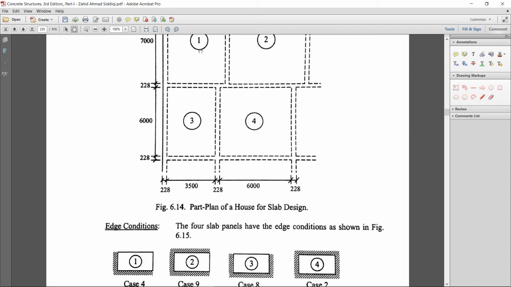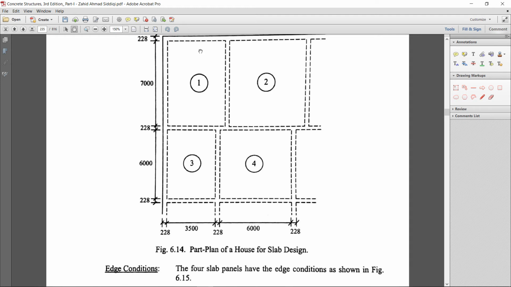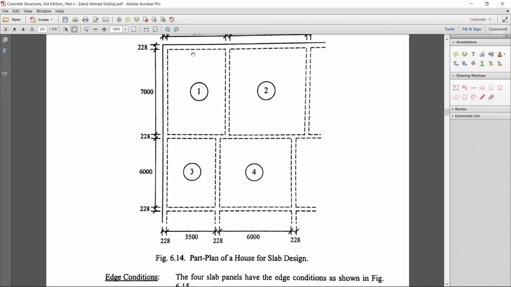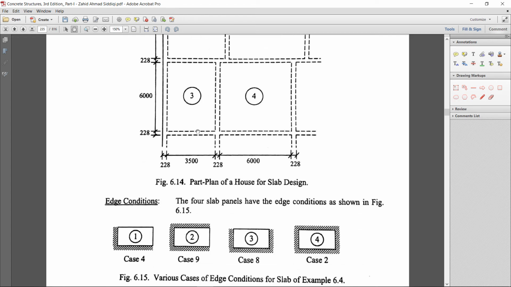In the one slab panel, you can understand that two edges are discontinuous, meaning there are no slab panels present on the other side. So that is a discontinuous edge, this is discontinuous, and this is continuous, this is continuous. Here you will select the case where two edges are discontinuous and two edges are continuous.